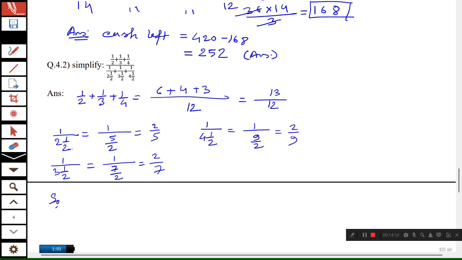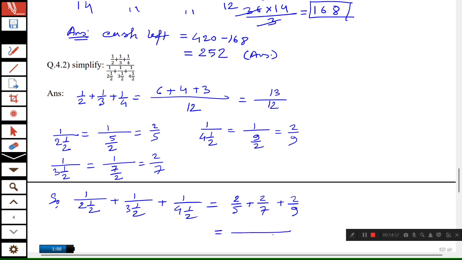So the denominator is whole 1 by 2 whole 1 by 2 plus 1 by 3 whole 1 by 2 plus 1 by 4 whole 1 by 2. That means we get 2 by 5 plus 2 by 7 plus 2 by 9. Okay, 2 by 5, 2 by 7, 2 by 9.